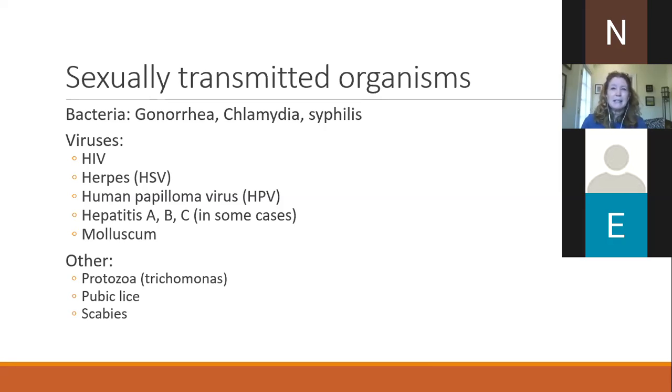It needs to take over or engineer some of the cells in humans or whatever species they're infecting, and take over some of the DNA, RNA workings. They use other organisms to do their work, to reproduce. So these are things like HIV, herpes, human papillomavirus or HPV, and hepatitis A, B, and C.